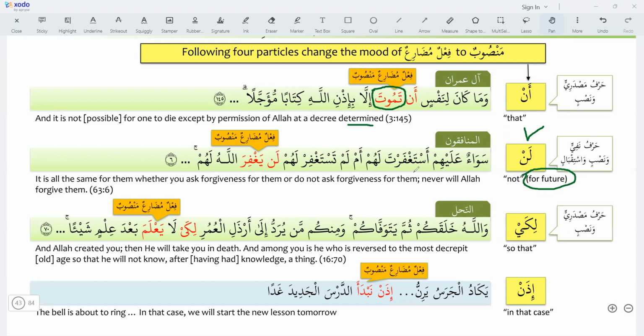Sawa'un alayhim astaghfarta lahum am lam tastaghfir lahum lan yaghfira. Yaghfiru changed into yaghfira because of this lan. Lan yaghfira, fail mudari mansub. It is mansub because of this lan.